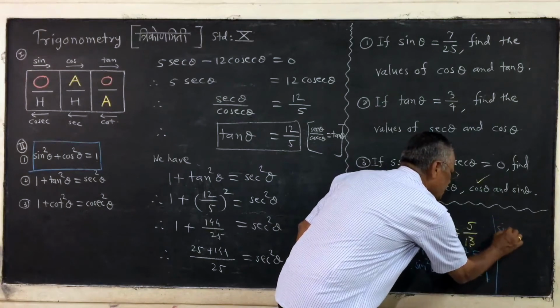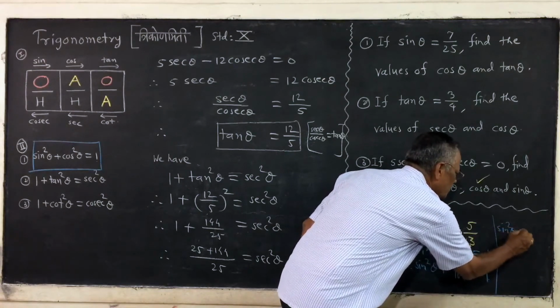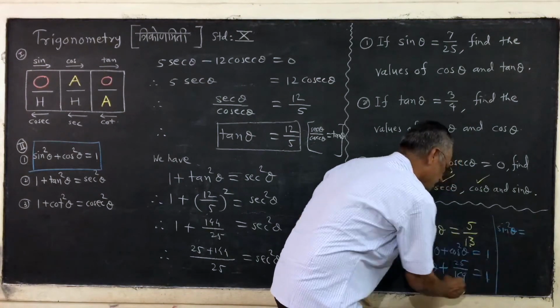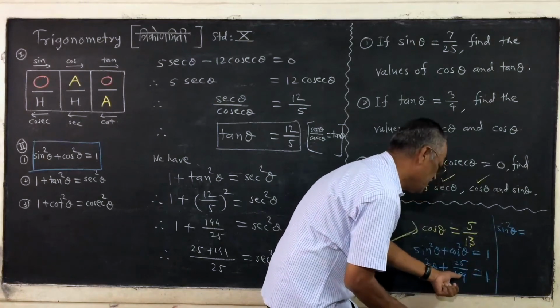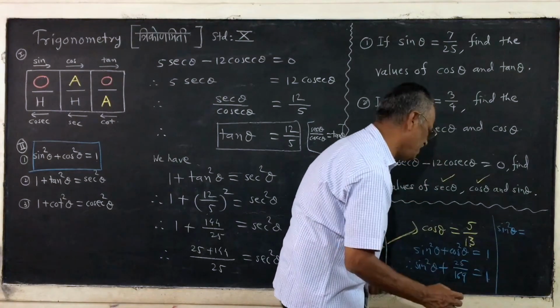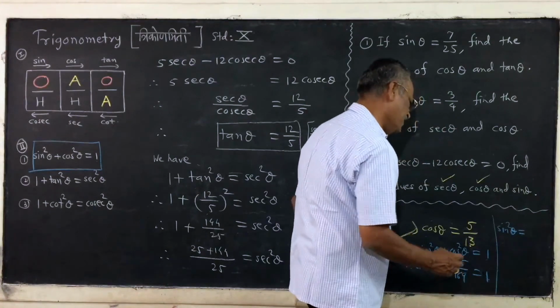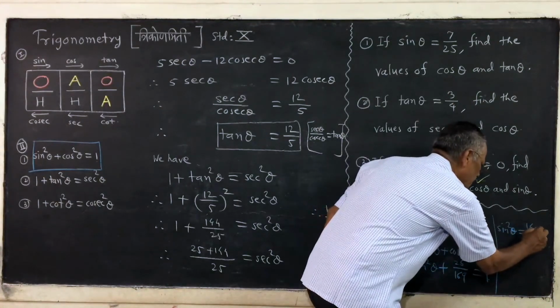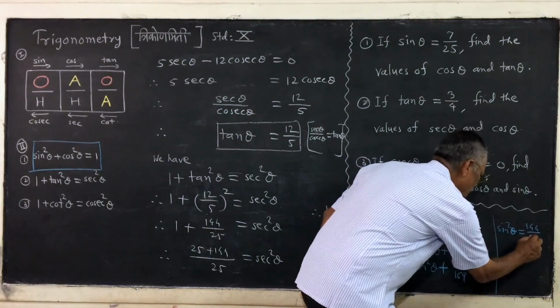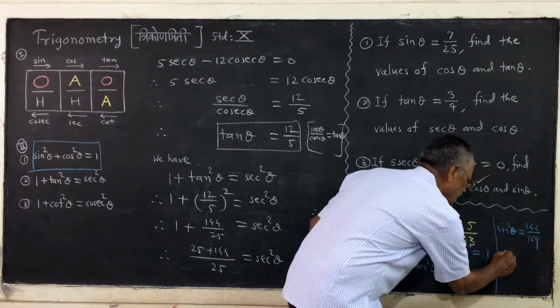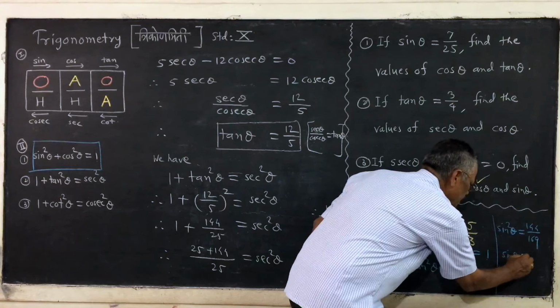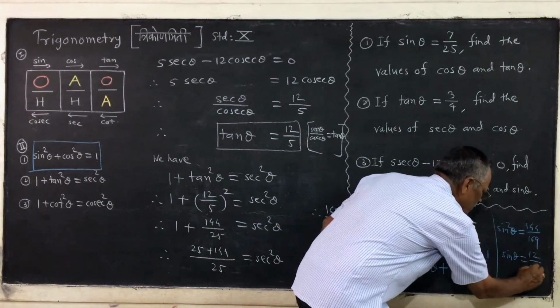Sin square theta is equal to 1 minus this number, and 169 minus 25 it will be 144 upon 169, and sin theta is equal to 12 upon 13.